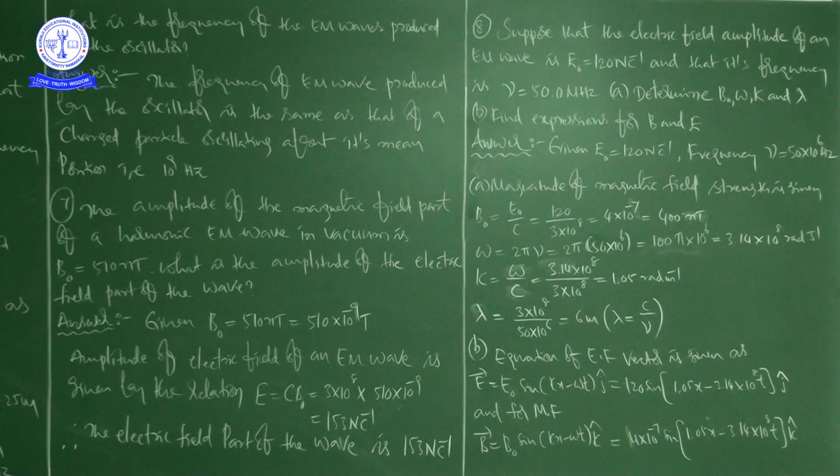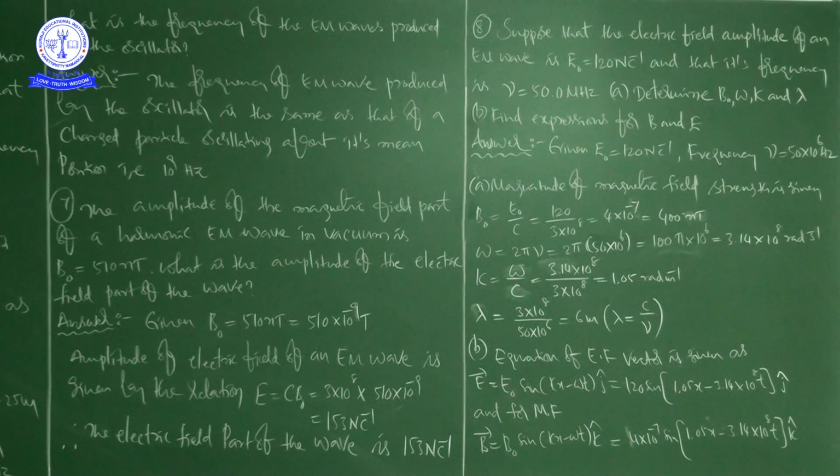Regarding this problem, suppose the electromagnetic wave is moving along the positive x direction, then the electric field vector is along the positive y direction, and the magnetic field vector is along the positive z direction. That's why here he kept j cap, and here he kept k cap.